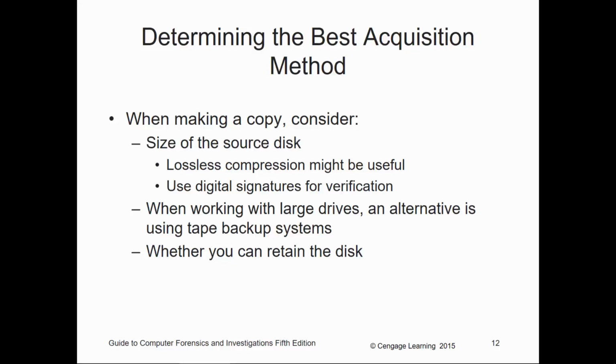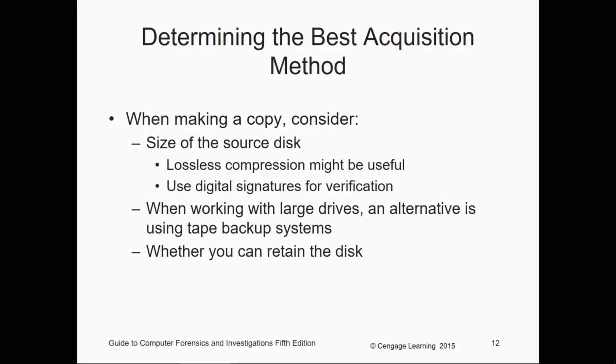When we're doing the size of the source disk, if we're doing a complete bit-to-bit copy, are we using any lossless compression? Could we compress any of it? Would we want to compress any of it? So we've got to be careful with that. Also, we have to validate it. We validate it through verification of digital signatures or hash values.